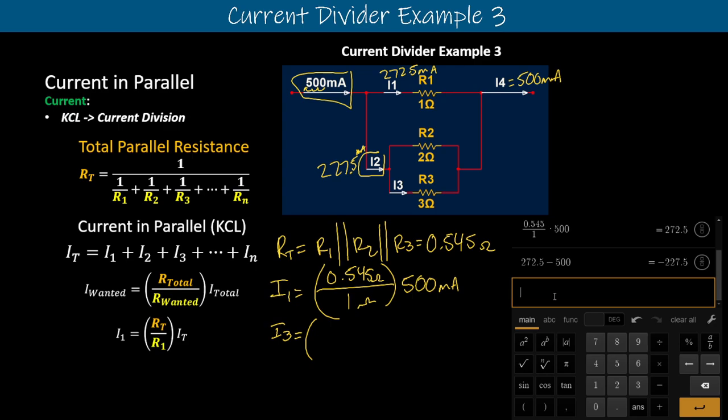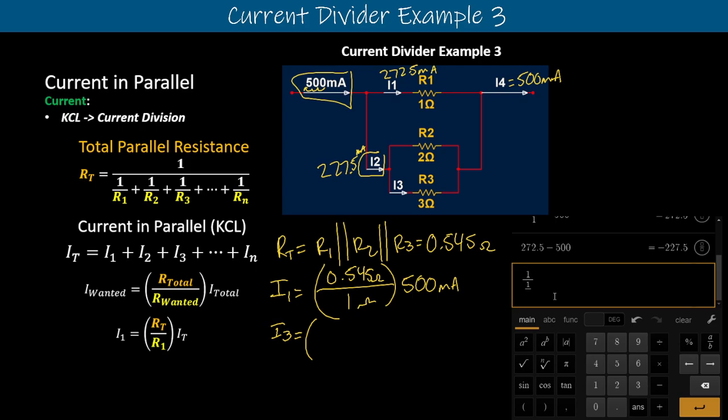So we'll say that we have 1 over 2 in parallel with 1 over 3. And that's going to be the total parallel resistance of that bottom portion, what we're dividing that I2 current through. So we'll say that we have 1.2 ohms divided by what we want to know the current through, which is R3. So we'll put 3 ohms on the bottom there.